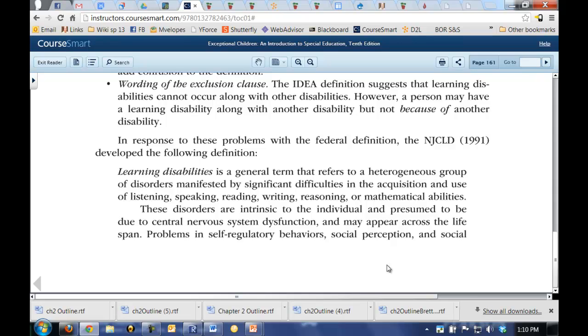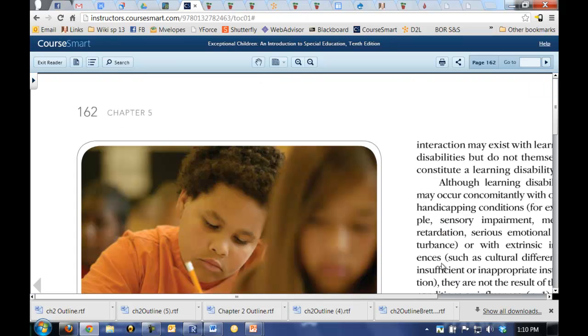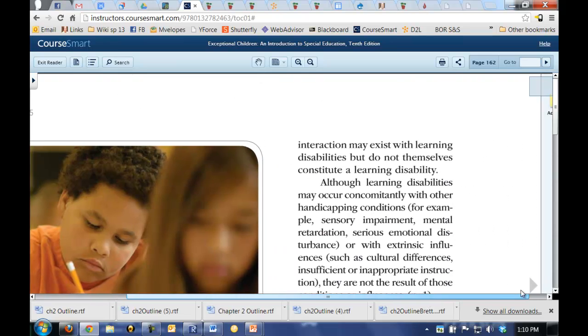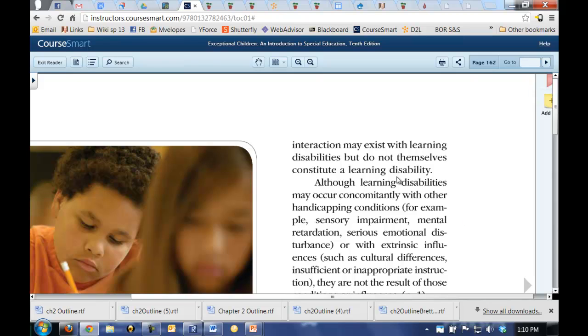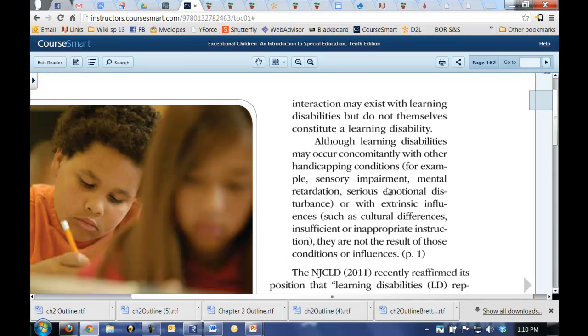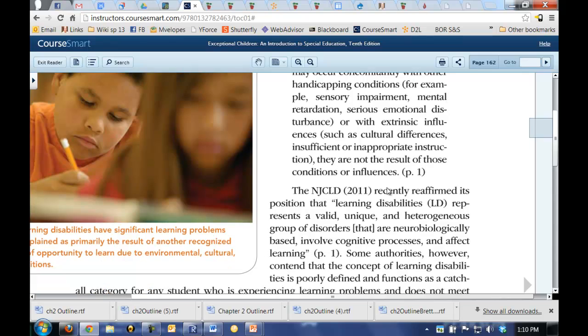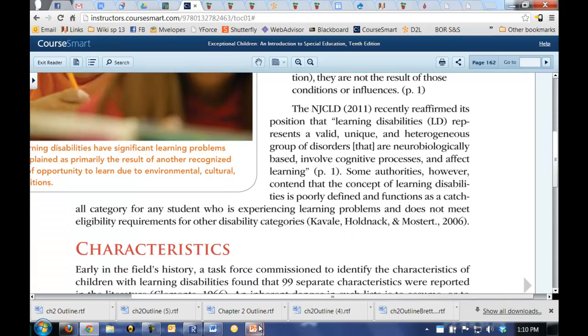Problems in self-regulatory behaviors, and this is what shows up so often for you as the teacher. These problems with self-regulatory behaviors may exist with learning disabilities, but do not themselves constitute a learning disability. So you get that from them. Let me flip back if you could.